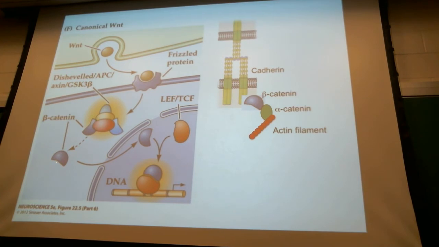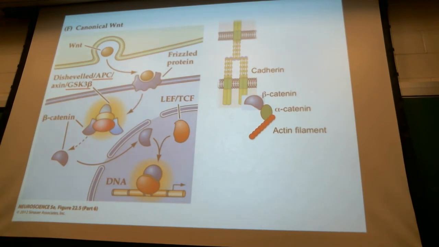Usually it gets degraded. The main component that recognizes beta-catenin is called APC. APC recognizes beta-catenin because once it's released, it's phosphorylated by this kinase called GSK3 beta. But if you have Wnt signaling, it inhibits GSK3 beta, so beta-catenin is no longer phosphorylated.